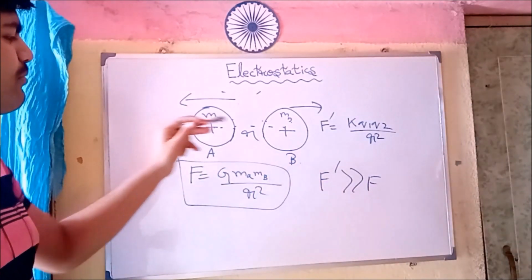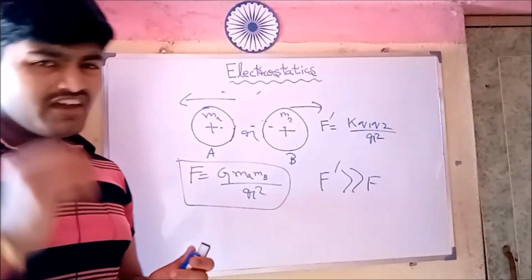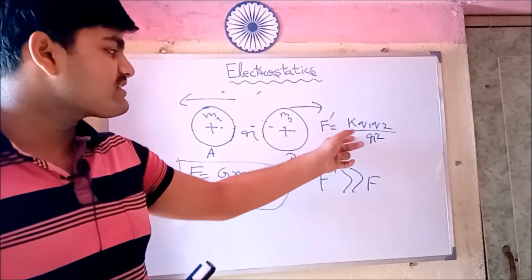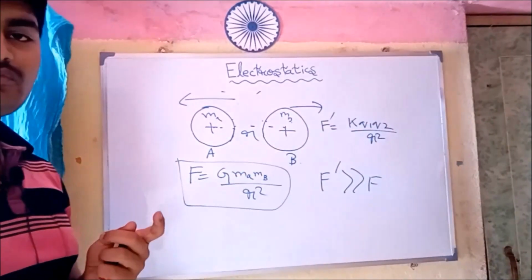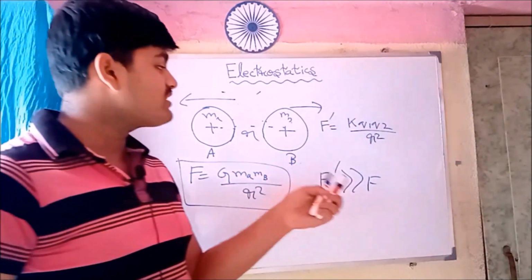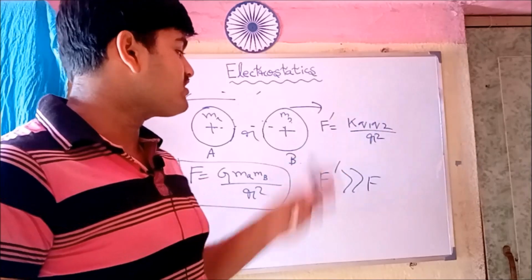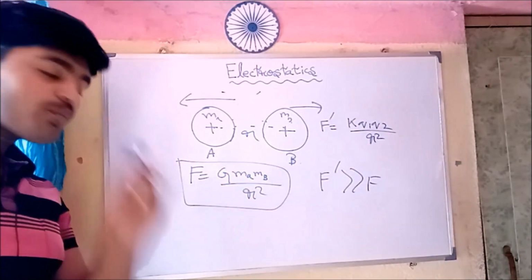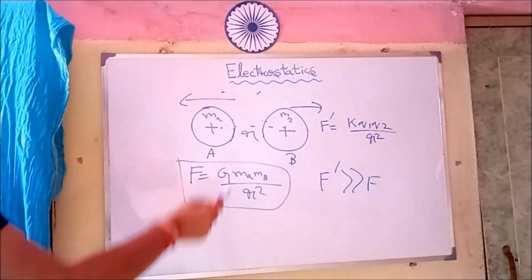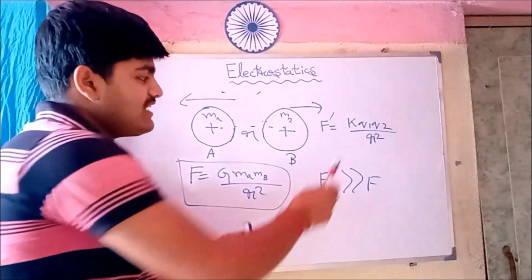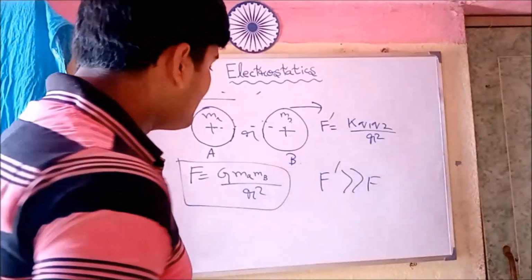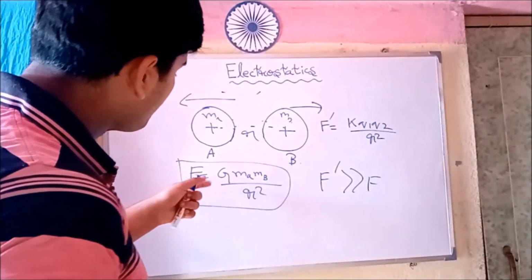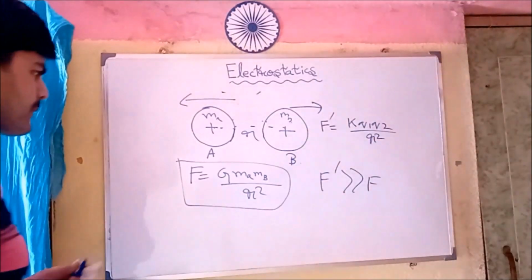These particles are elementary particles which have very little mass. But the force of repulsion between them depends on the product of the charges, and the charges are not so small compared to the masses. So it is of a very much greater magnitude in comparison with the force of gravitation.